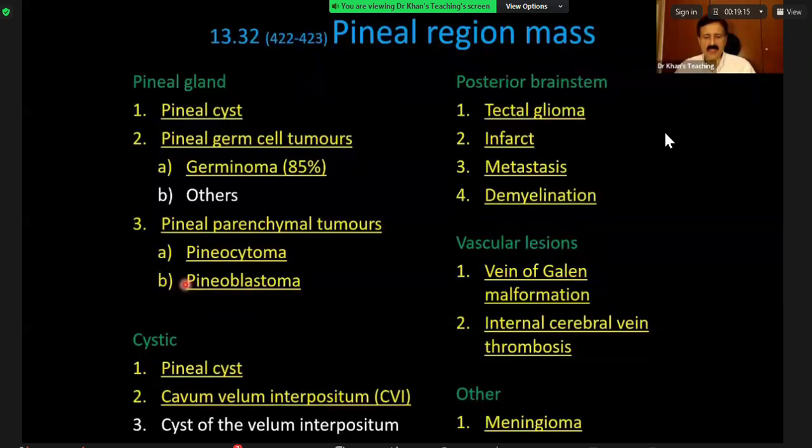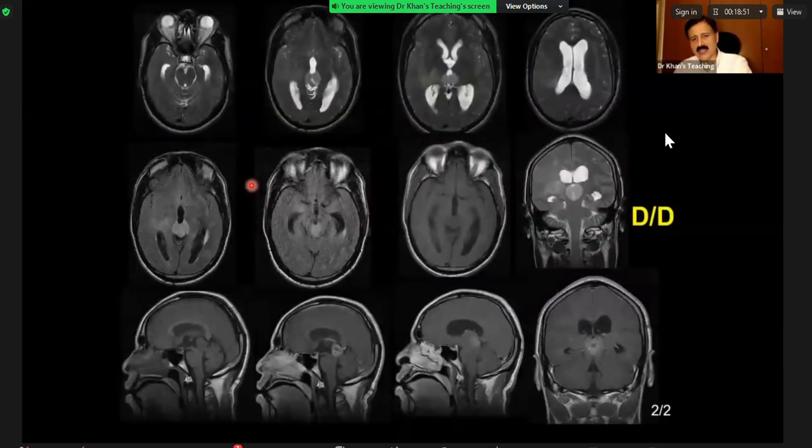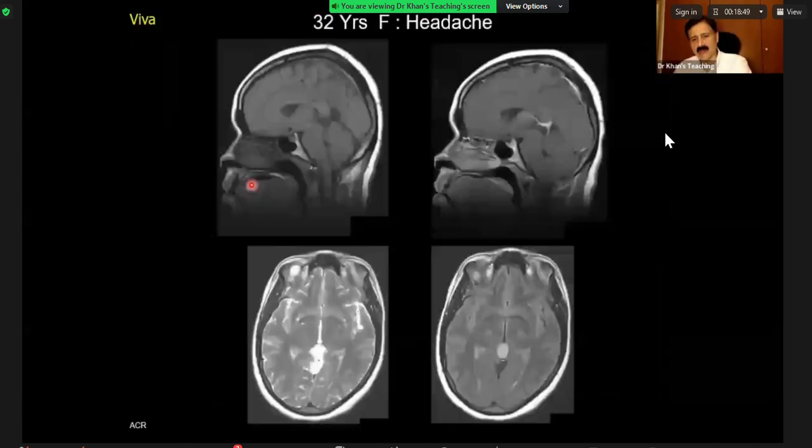So peripheral calcification means that the lesion is arising from the pineal. On the other hand, if the tumor is not of pineal origin, as in germinoma, the calcification might be central. These are given in the books, though in each and every case, it is difficult to convince yourself about these. So these are the type of cases in the pineal world and the viva questions which can come.